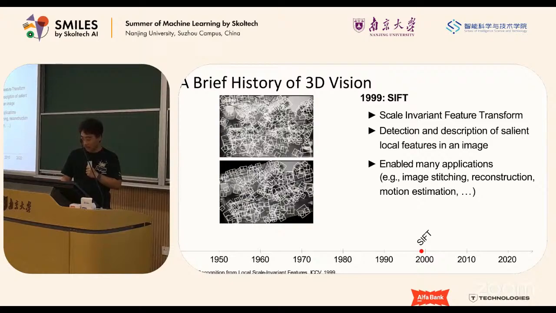So SIFT became a key building block in the classical structure from motion pipeline. Also, there is a small story behind the development of SIFT. The SIFT paper was rejected many times before it was published, but today we know that SIFT is a quite fundamental idea in 3D vision, and even in many vision tasks.